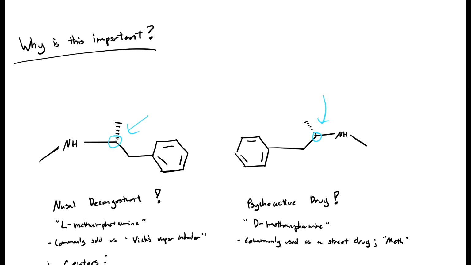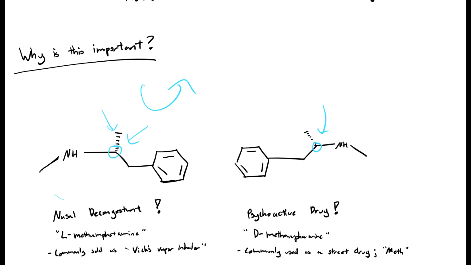The left compound is called L-methamphetamine. The right compound is called D-methamphetamine. If you look at the chiral centers and rotate the left compound 180 degrees, focus on this dashed methyl group. This represents a CH3 group, and it's dashed, which just means it's in the back of the plane.